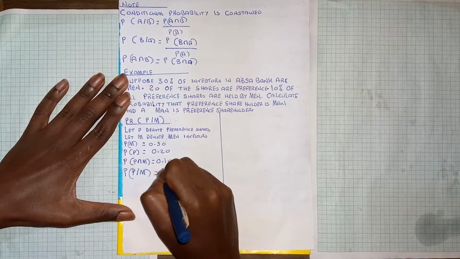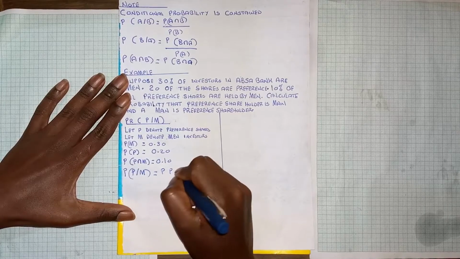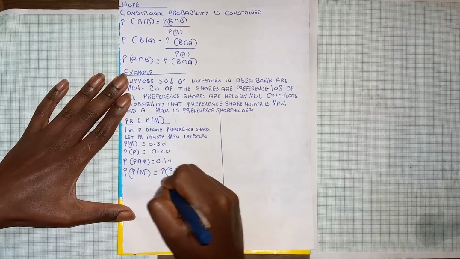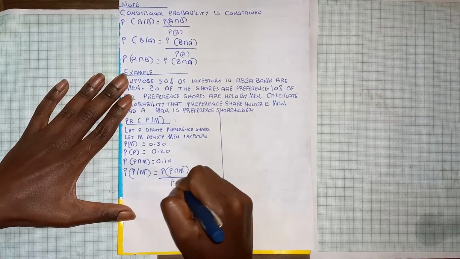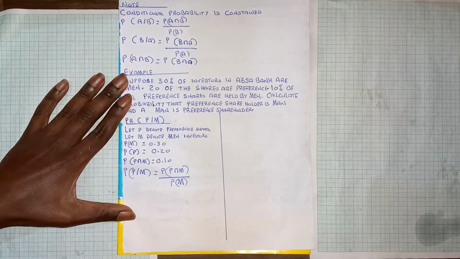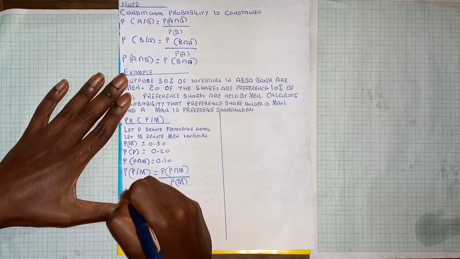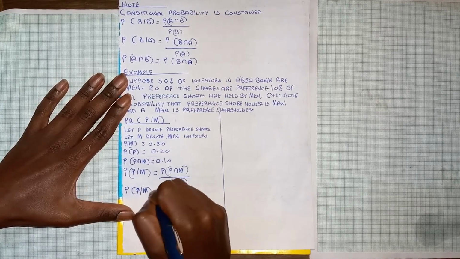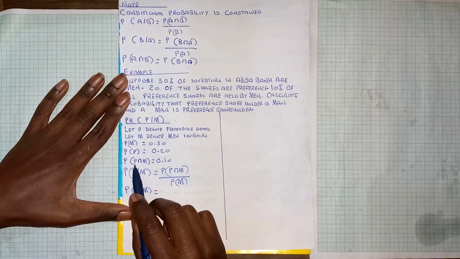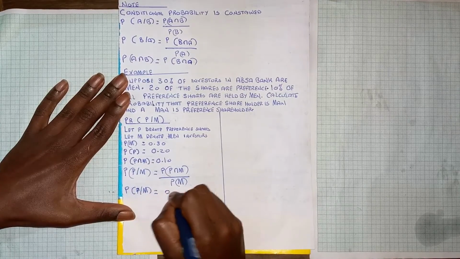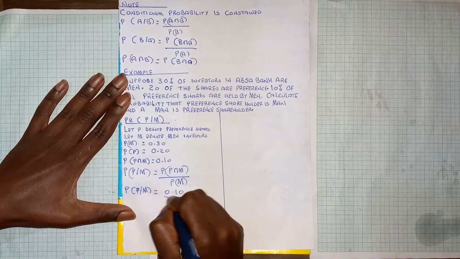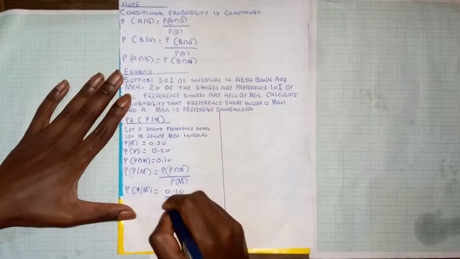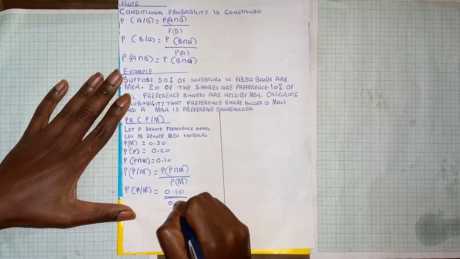So it is equal to the probability of P intersection M over the probability of M. So when you substitute, the probability of P intersection M is 0.10, and the probability of a man being an investor is 0.30.